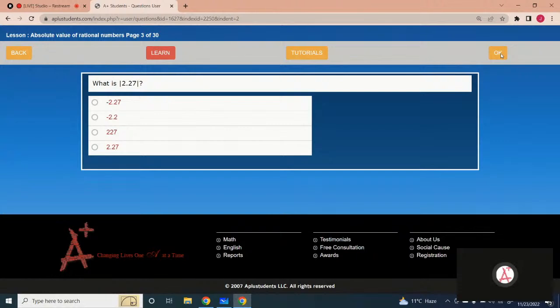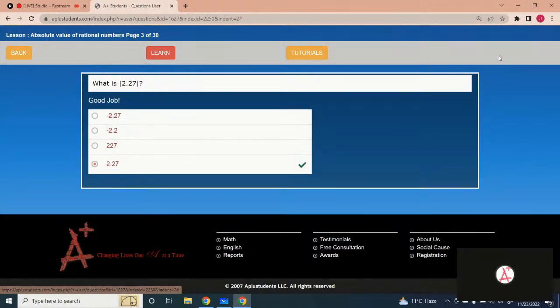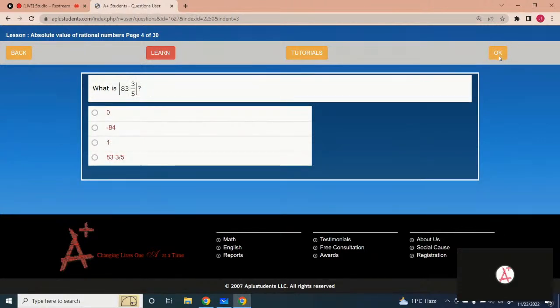Okay, the next one is, what is 2.27? The number is already positive, so it is 2.27. Got it? Okay, what is 83 whole 3 over 5? The number is already positive, so the absolute value is positive.